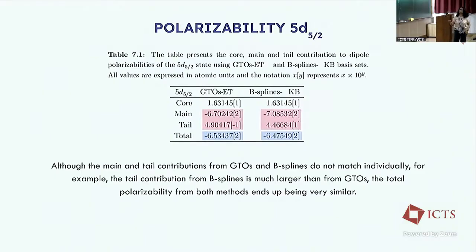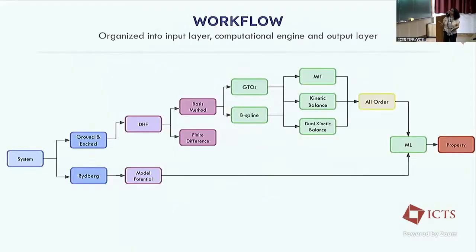The package also calculates polarizabilities for the ground and various excited states. So coming back to the flow chart, I think this part of the program has been done, integrated, running. And what I'll describe in the next 5 minutes is what we plan to do for the Rydberg atoms.